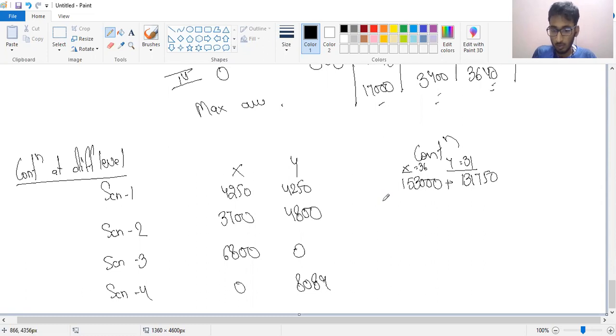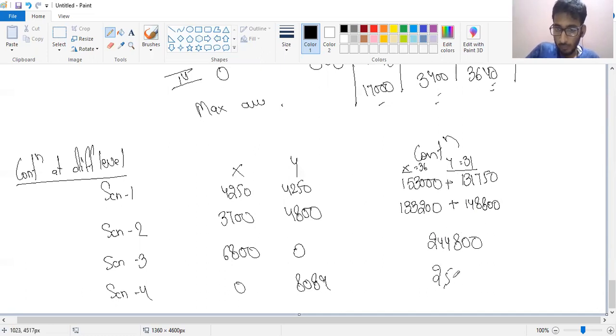3700 multiplied by 36 would be 133,200, plus 4800 multiplied by 31, which is 148,800.